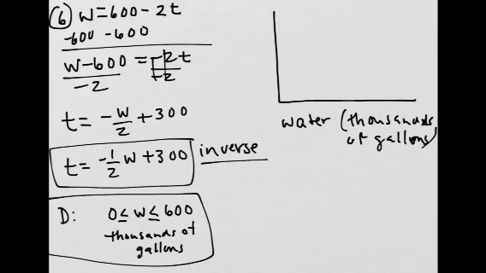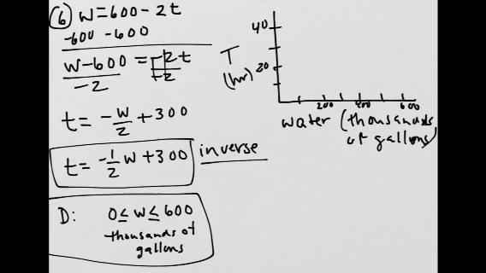And then over here is the time in hours, the time draining in hours. So you have 100, 200, 300, 400, 500, 600. That's the maximum amount of water it has, 600,000. And then 20, 30, 40. So this is 20 hours, 40 hours. This is 200,000 gallons, 400,000 gallons, 600,000 gallons.